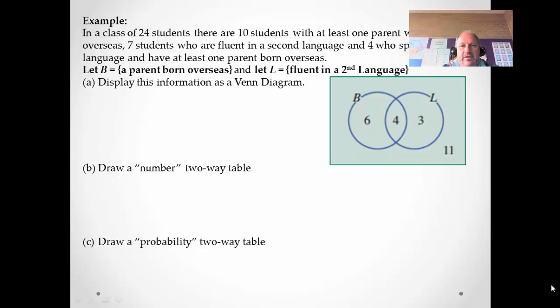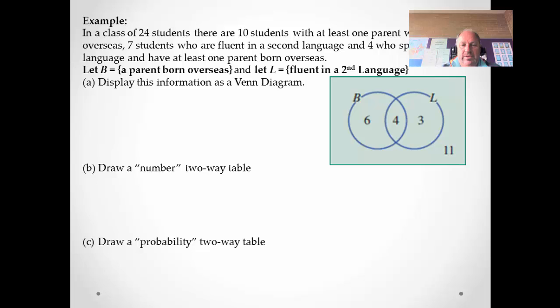So it's the same Venn diagram as the previous class. We've got 24 students in total, 10 have parents born overseas, 7 are fluent in a second language, and 4 are both. So that's why that becomes 6 and 3, and there are 11 people who are neither.